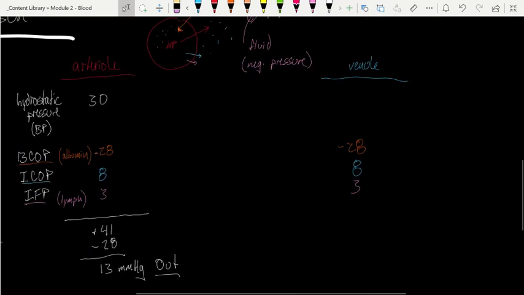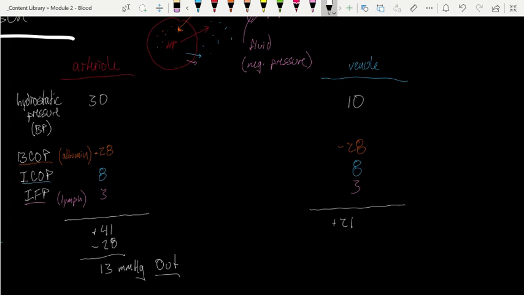And as such, our hydrostatic pressure, because resistance is inversely proportional to radius, we've lost all of our resistance, and therefore we've seen a significant drop in our pressure, such that our hydrostatic pressure coming out of this bed is down to 10. Now, let's add these up. All of the pressures going out, 21.